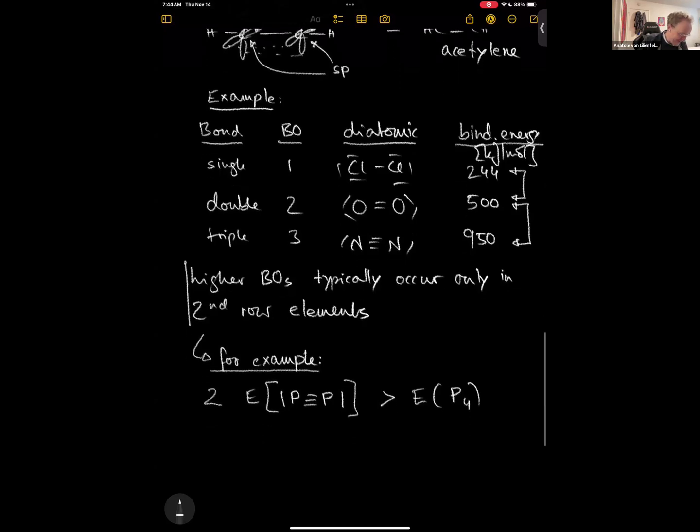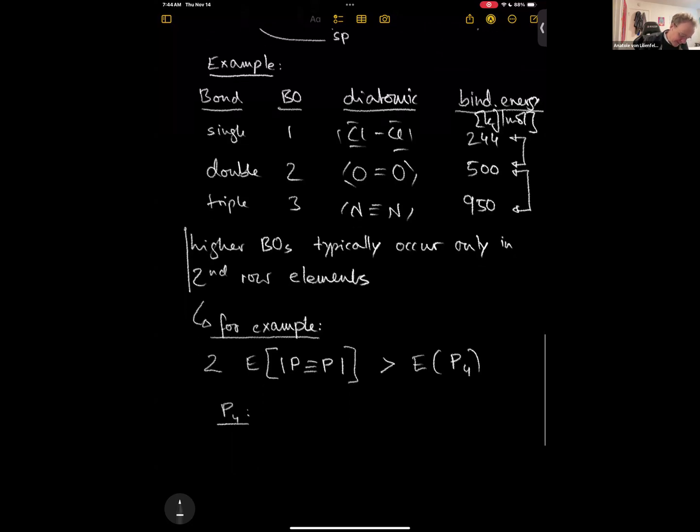And this P4 is actually a very intuitive structure where you would have simply a tetrahedron, highly symmetric with a bond length of 2.25 angstrom.